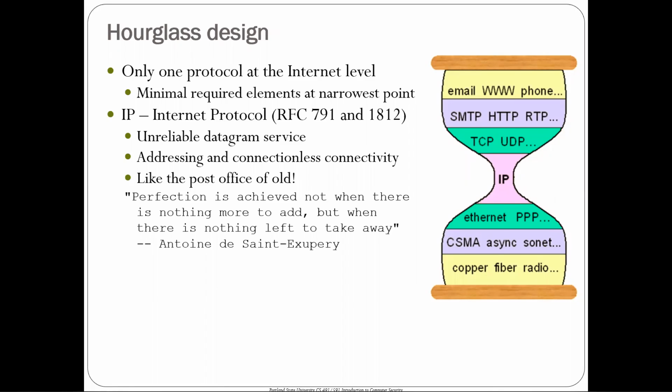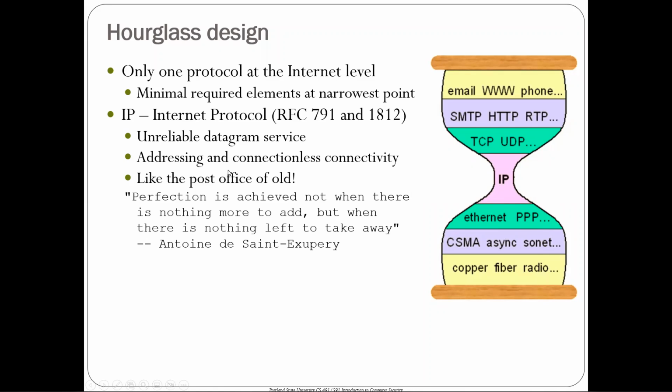The network protocol stack for the internet is structured in this hourglass that you see on the right, where you have a diversity of applications at the top, then a smaller number of application protocols underneath, a smaller number of transport protocols, and finally a single network layer protocol, IP, in the middle. This IP layer can operate over any number of data link layers underneath.